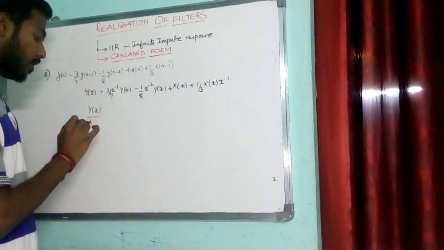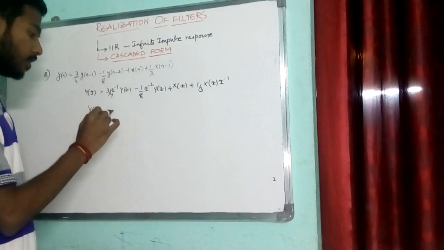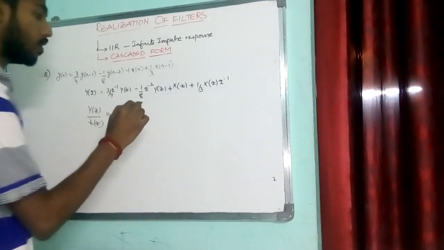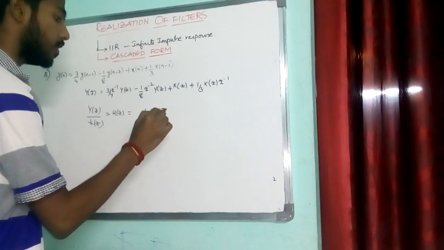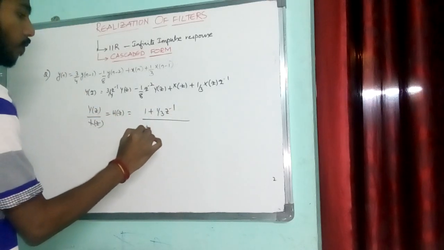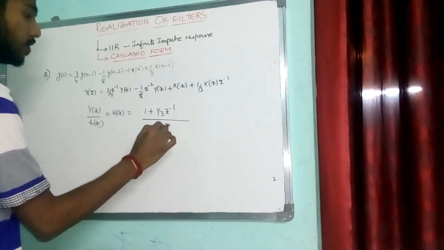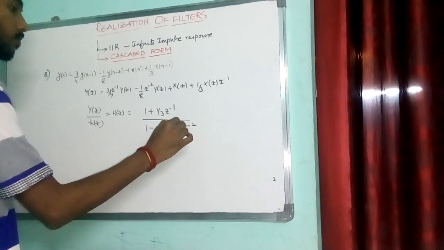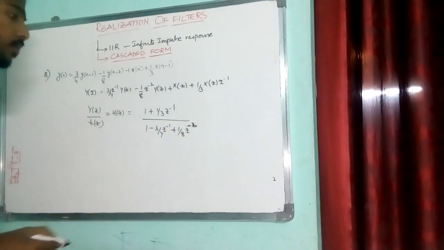Directly write Y of z by X of z, which is my H of z, that will be equal to 1 plus 1 by 3 z power minus 1, divided by 1 minus 3 by 4 z inverse plus 1 by 8 z power minus 2.